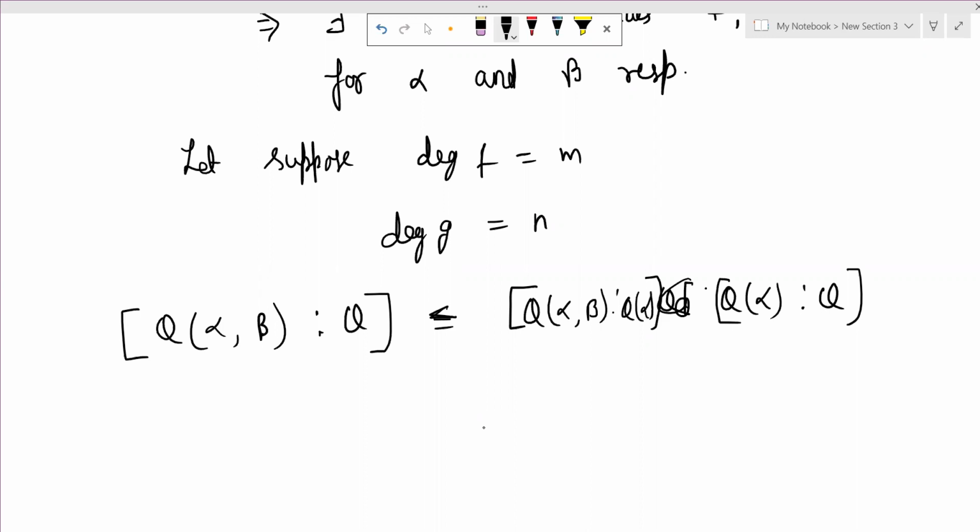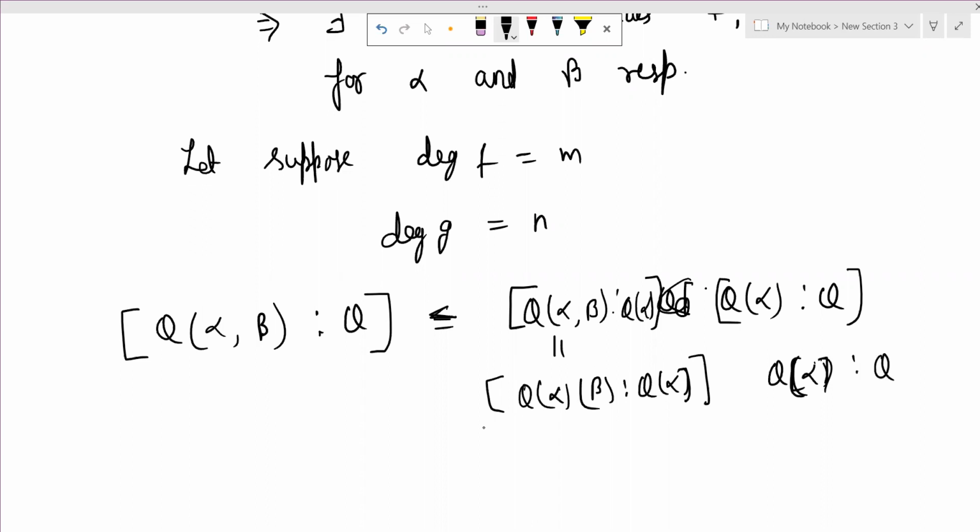This degree is the same as [Q(alpha, beta) : Q(alpha)] times [Q(alpha) : Q].